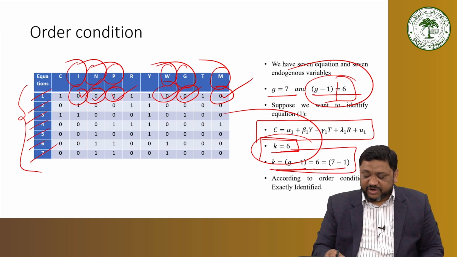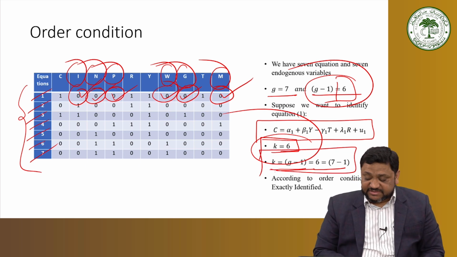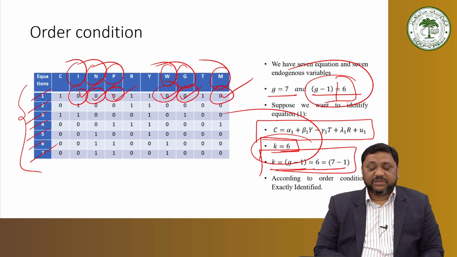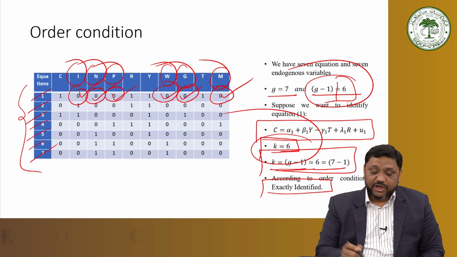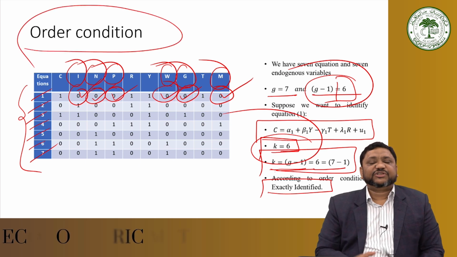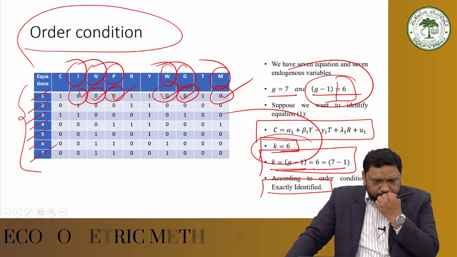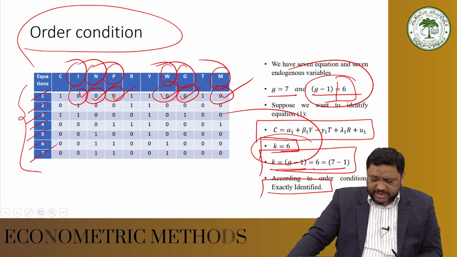So 6 is equal to 6. In that case, we can say that this equation is exactly identified. So this was the order condition, for one of the equations, to explain it to you.